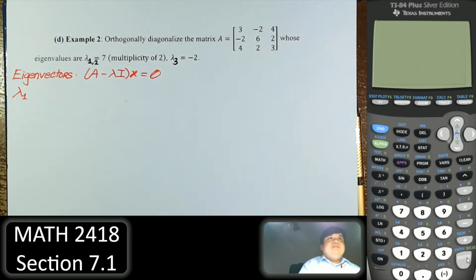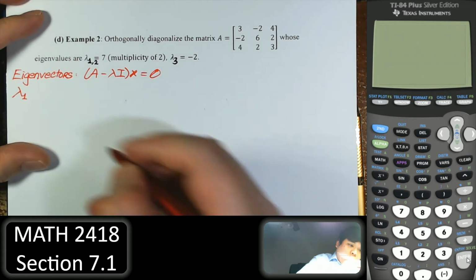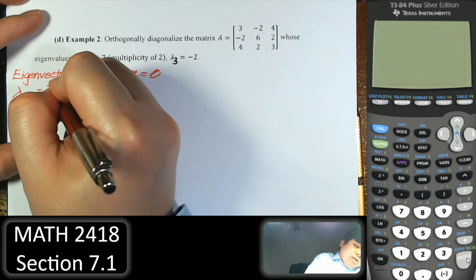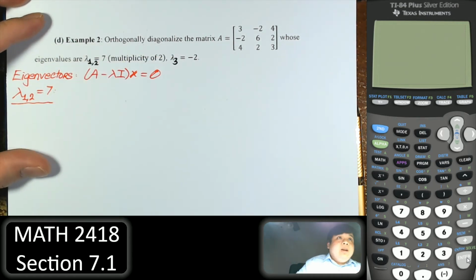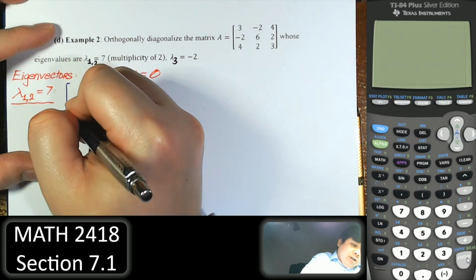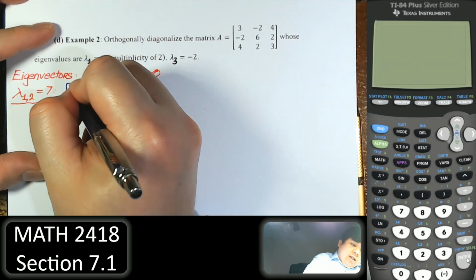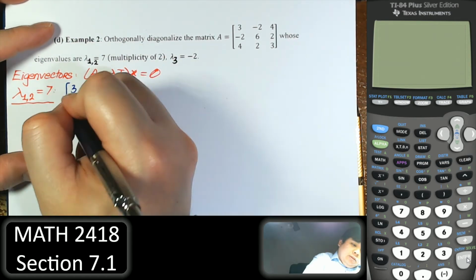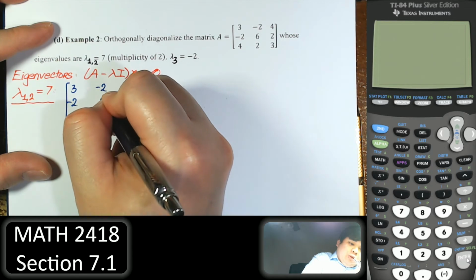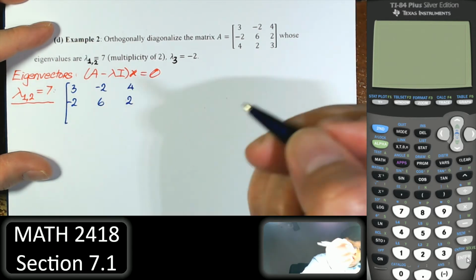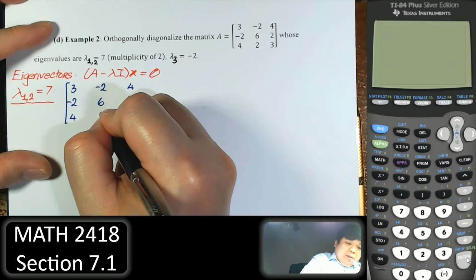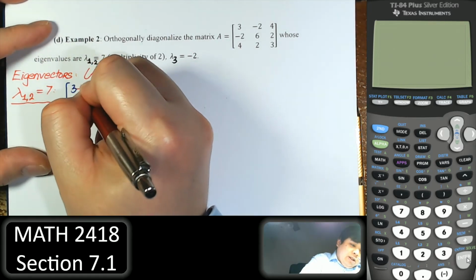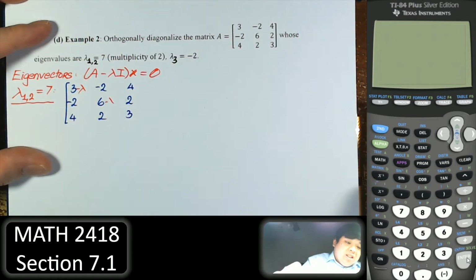So for lambda 1 and 2, because they are repeated, of 7, we will solve the equation with the matrix A. We won't be able to complete this problem, but at least I'll show you the idea. Subtract the eigenvalue on the diagonal, which is 7 in this case.